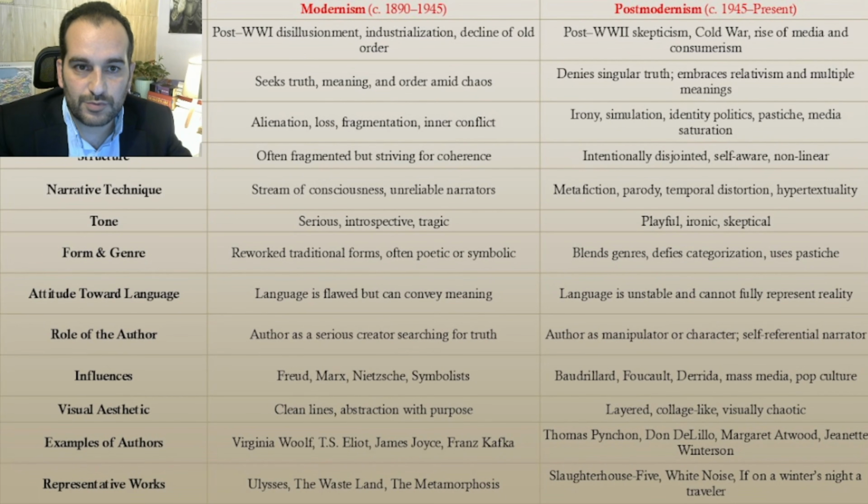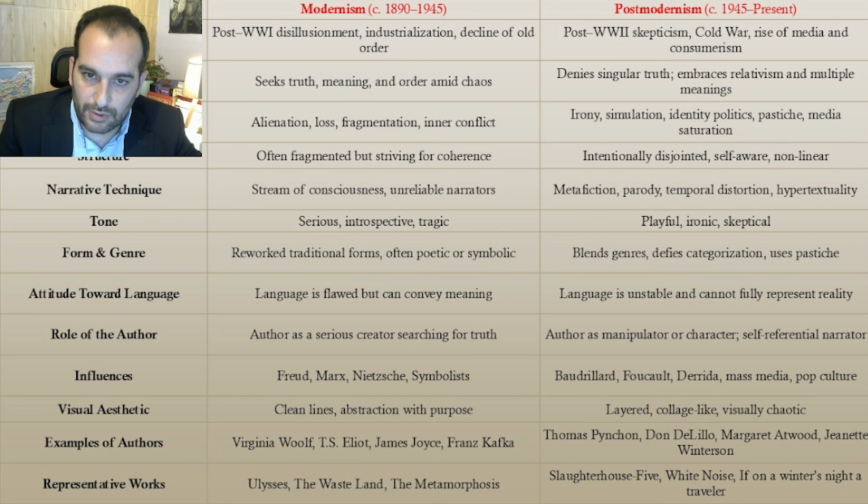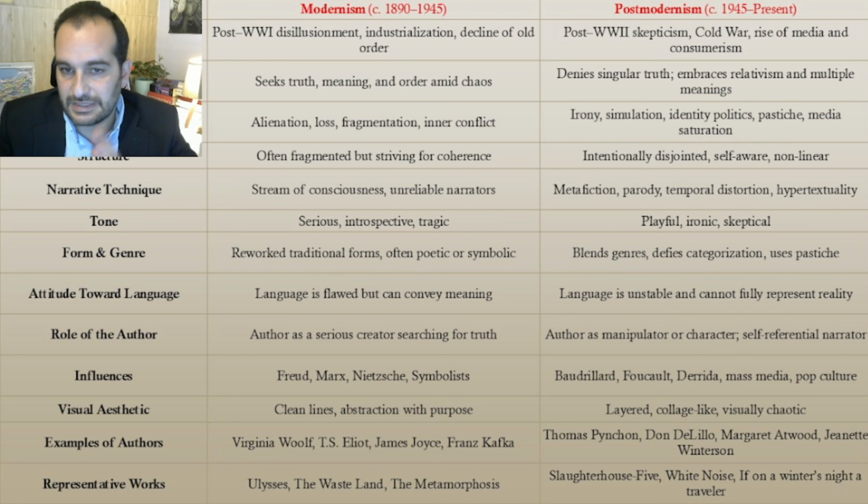Now, as usual, let's compare the current period that we are talking about, postmodernism, and the previous literary period that we talked about in the previous lesson, modernism. Just to get a recap, for the historical context, modernism started in 1910 till 1945. The postmodernist period started after the end of World War II in 1945.